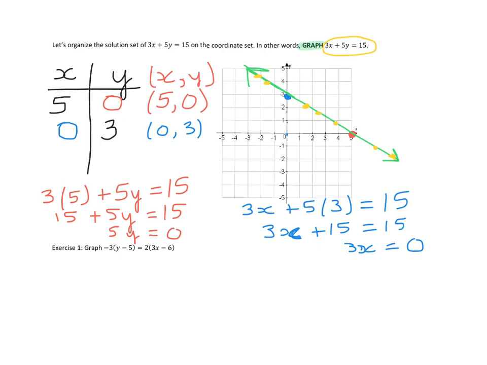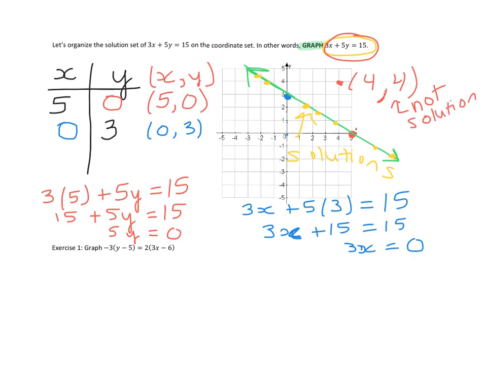And on that note, if we find anything that's not on the line, for instance, the ordered pair 4, 4, 4, 4 is not a solution to 3x plus 5y equals 15 because it's not on the line. All right, so the points in yellow on the line are solutions, because that's what a graph is. If the point is not on the line, it's not a solution.